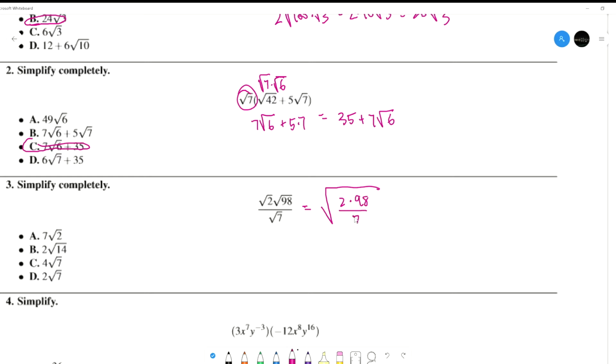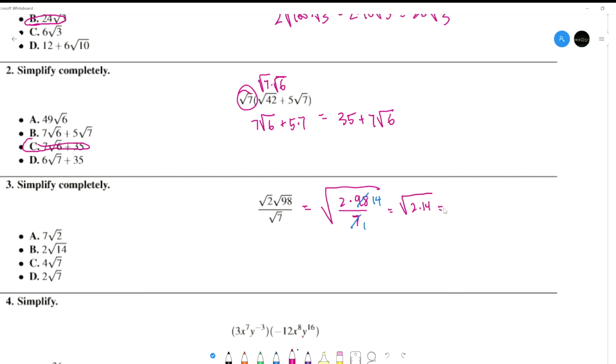So if I did 98 over 7, this cancels out. 7 divides into 98 14 times, right? 14 times. So the 7 is now gone. So I just have radical 2 times 14, right? Which you can multiply and get 28, or you can simplify from there, right?